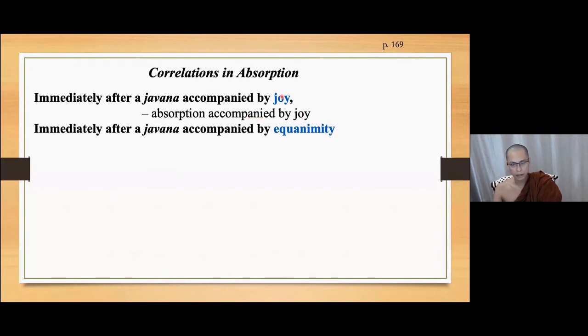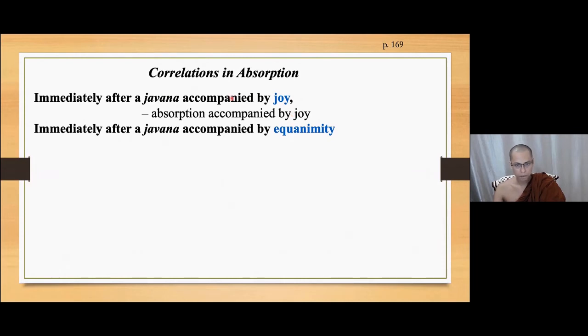So the two jhanas, although they are different in sphere, the sense sphere and the fine-material sphere or immaterial sphere, must have a similar feeling.